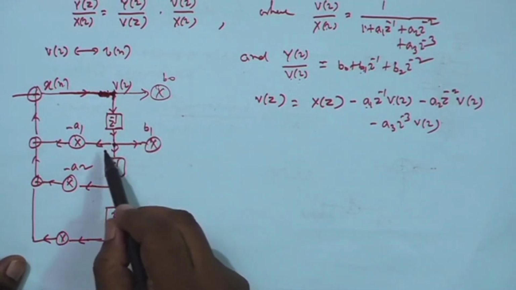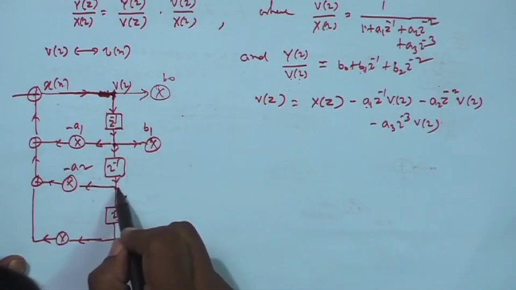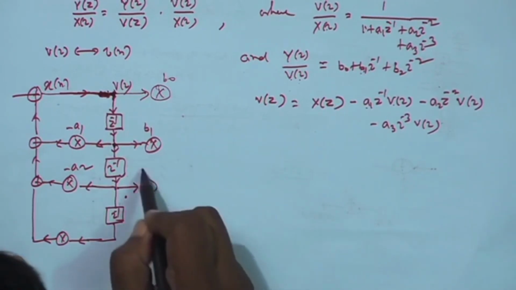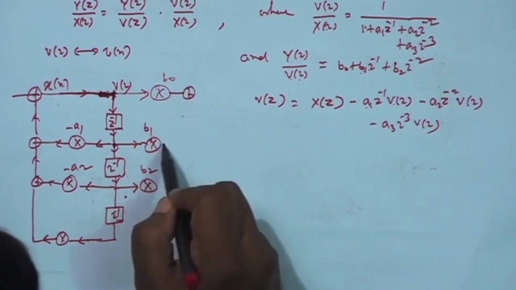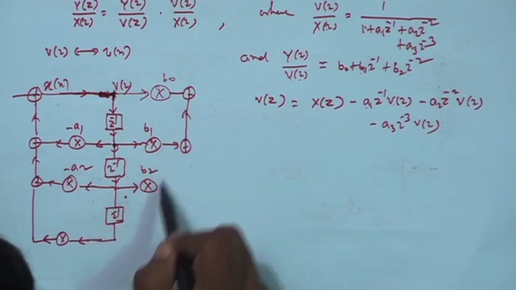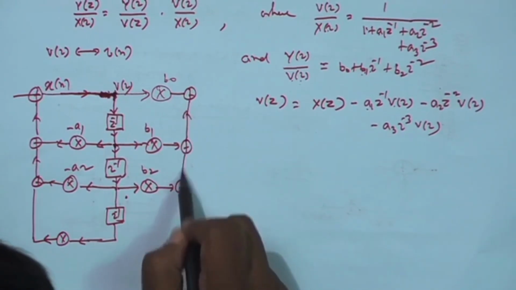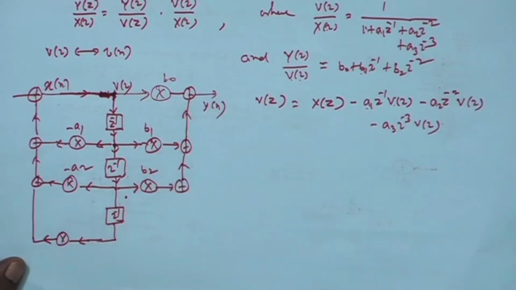And then Z inverse 2 V(z), take a line out and multiply by B2. And then add all of them. You get your y[n].